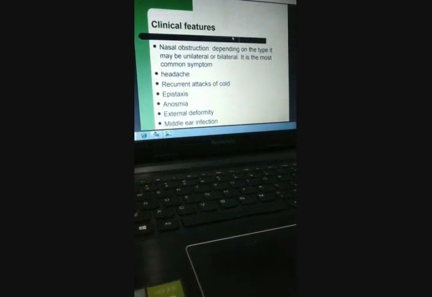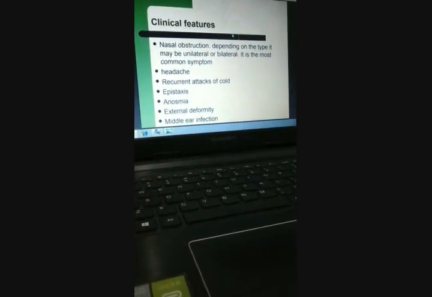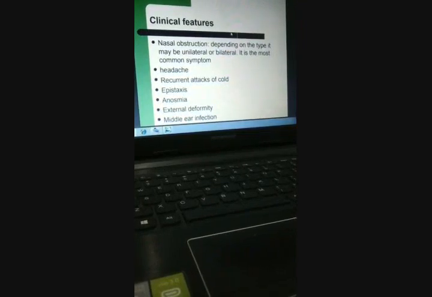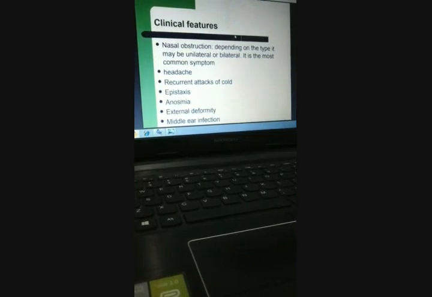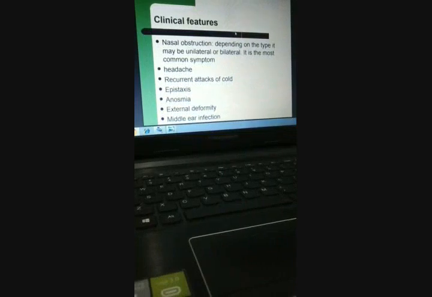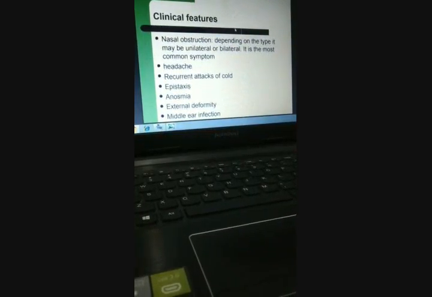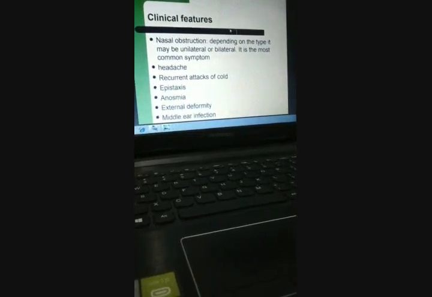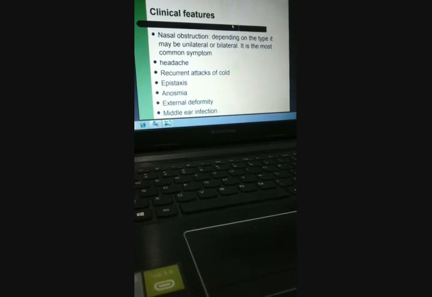Deviated nasal septum causes many symptoms to a patient. The first is nasal obstruction. It depends on the type of septal deformity, which type causes upper, mid or lower part obstruction more.